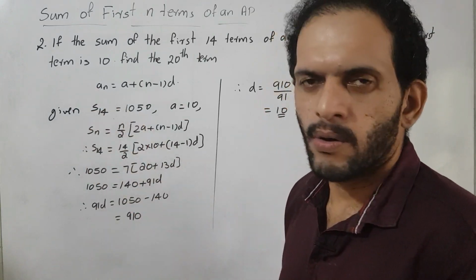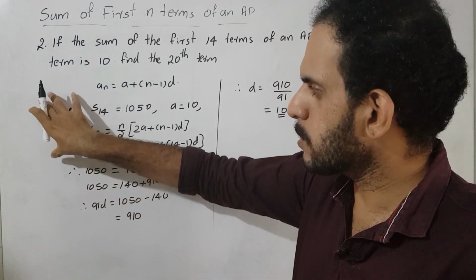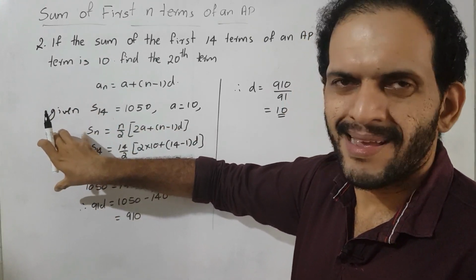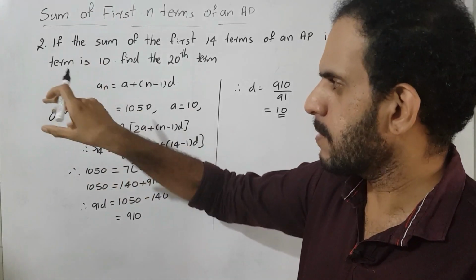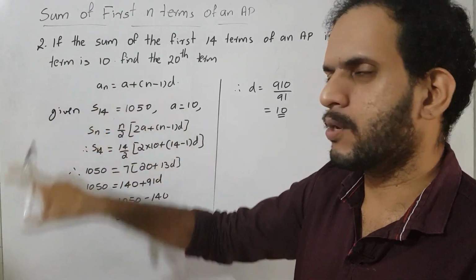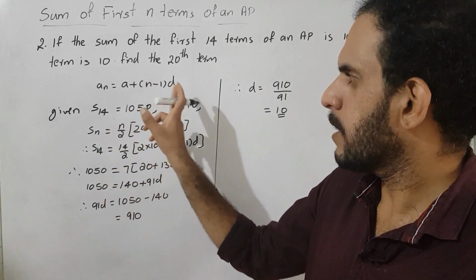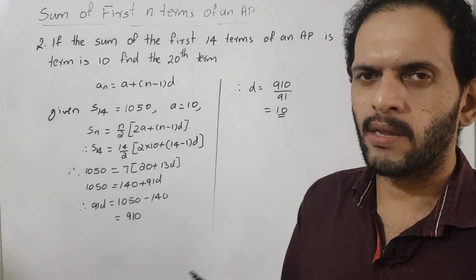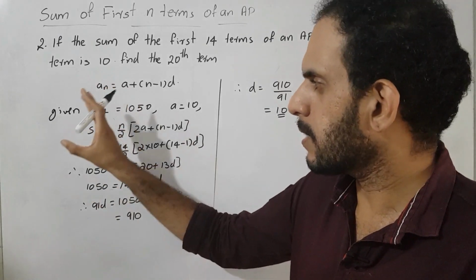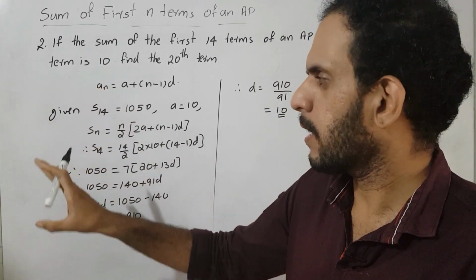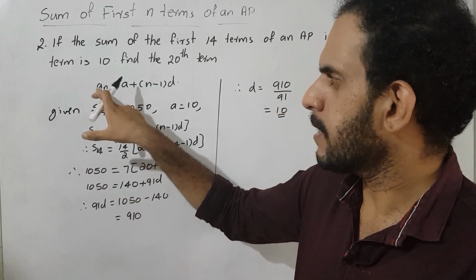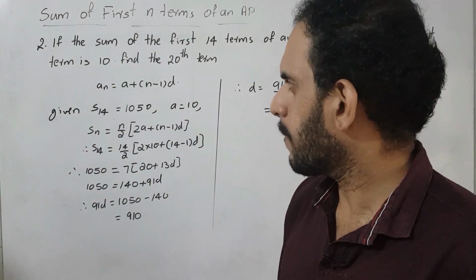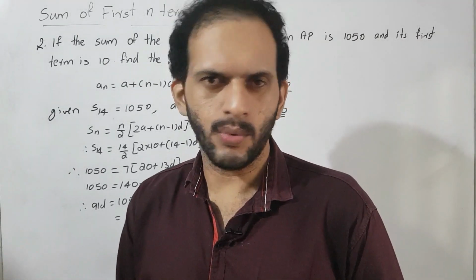That is very clear. If the sum is given in the question, we use the Sn equation. If the term is given, then we use the an equation. It is not very difficult to understand which equation to use to find a, d or n. If the question gives the sum of the terms, we use the Sn equation. If a term is given, we use an is equal to a plus n minus 1 into d.